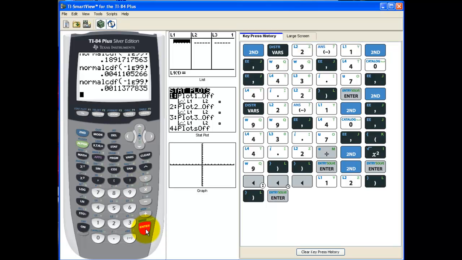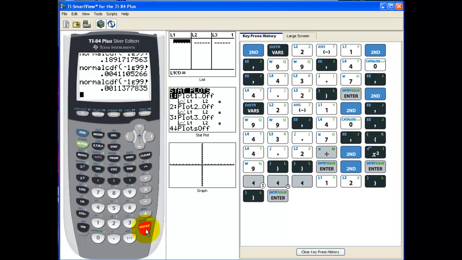Now notice it's smaller, quite a bit smaller, by almost a factor of 4. Part D is asking, what effect does increasing the sample size have on the probability? Provide an explanation for this result. Well, you can see clearly that increasing the sample size decreases the probability.